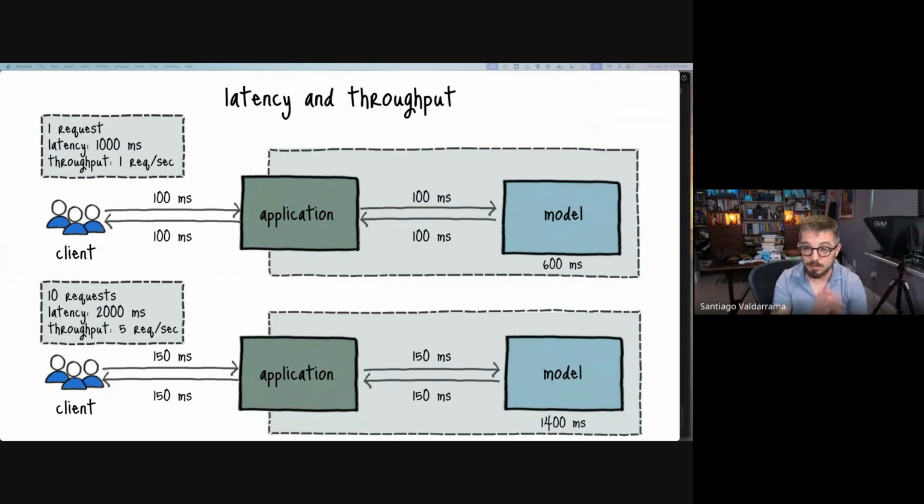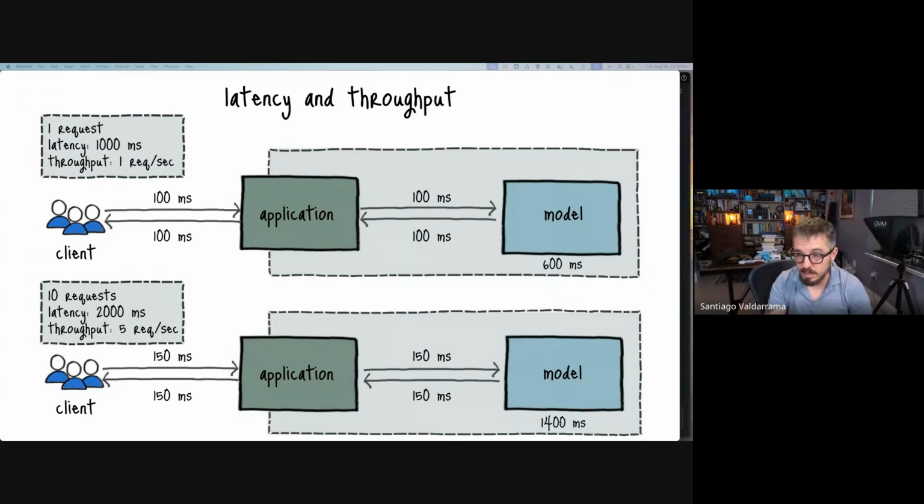Now, the throughput might be completely different. So let's say instead of sending just 1 request, we package together 10 requests and we send them to the server, okay? And it's going to take a little bit longer to get there. So now it's going to be 150 milliseconds to get to the application, 150 milliseconds to get to our model. The model is going to take longer to answer because now it has to answer 10 questions, not just 1.